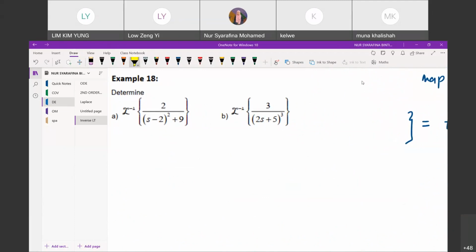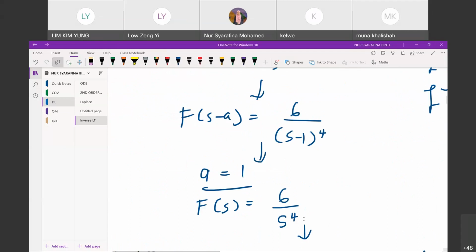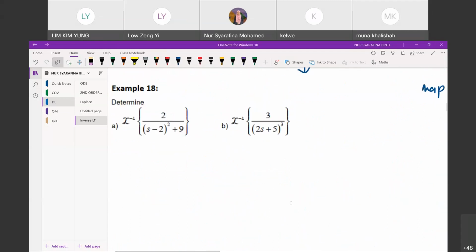So now this function is mapped to what? Okay. From the table of transformation, there is no s minus something squared, right?